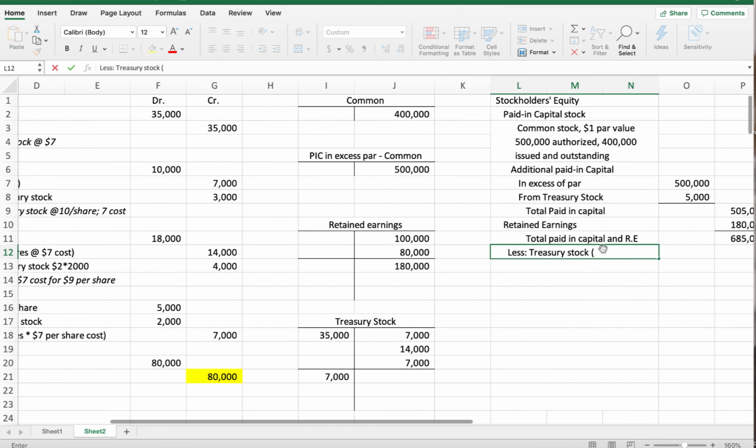So I need to say 1,000, let my investors know that there's 1,000 of these shares at, and I need to put my cost. Well, my cost is $7.